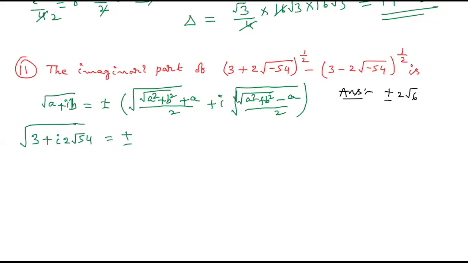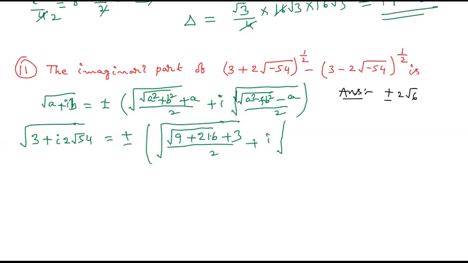Substitute here: under root a square is 9, b square means 2 twos are 4, 4 into 54, that is 216, under root, plus a value 3, divided by 2, plus i into.